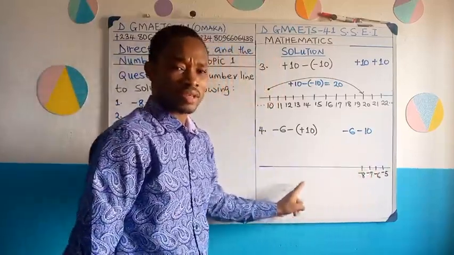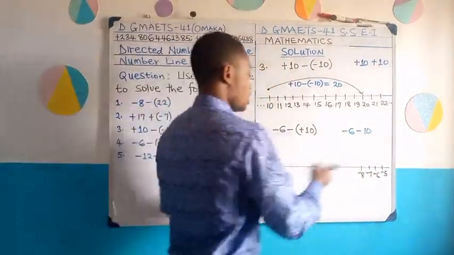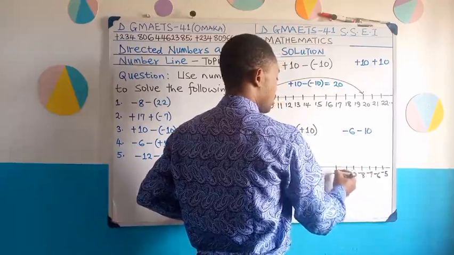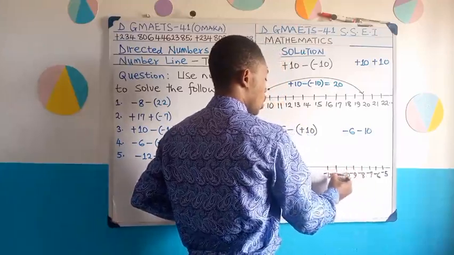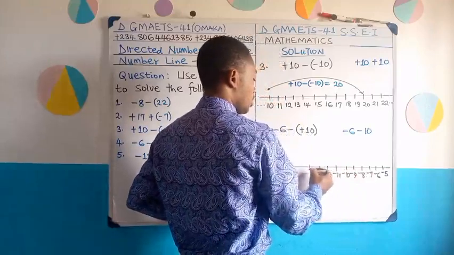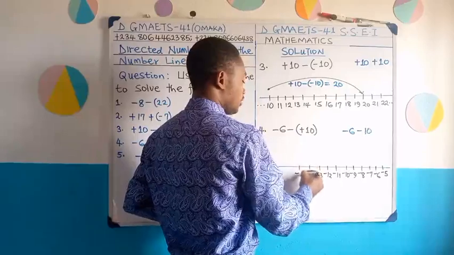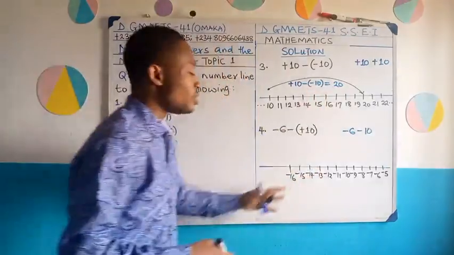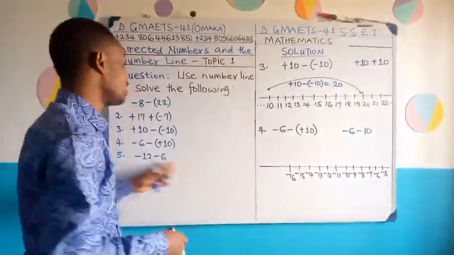Are you getting me right? Good. So this is going to be minus 9, minus 10, minus 11, minus 12, minus 13, minus 14, minus 15, minus 16. I can take this as long as I want the line to be long.